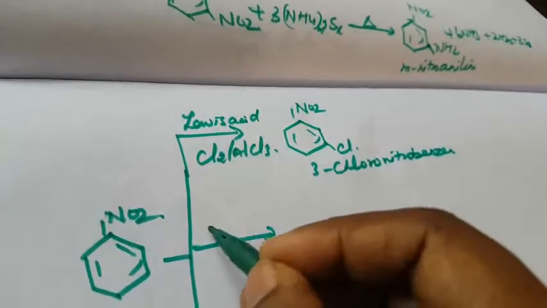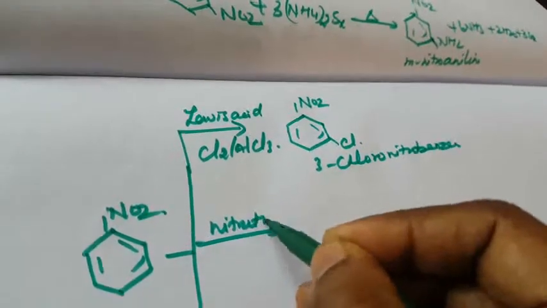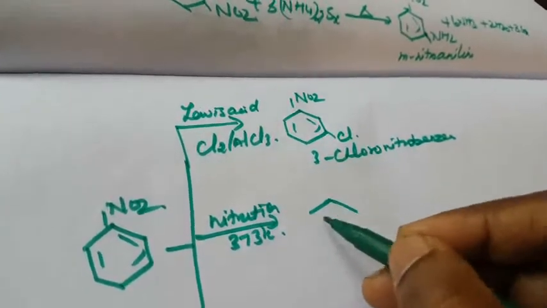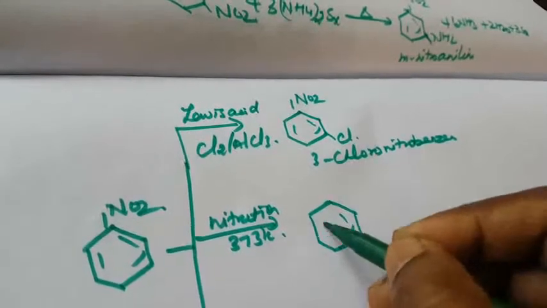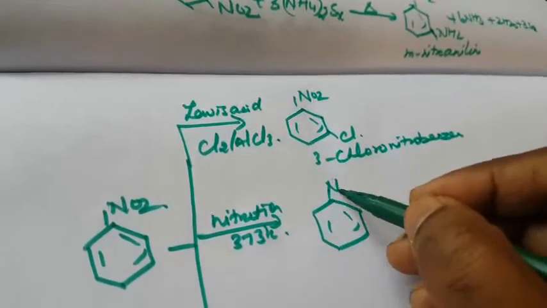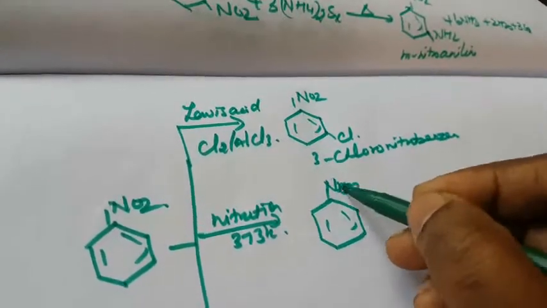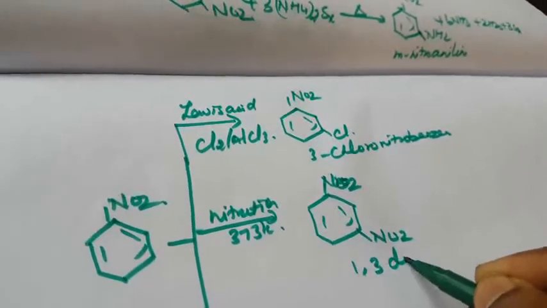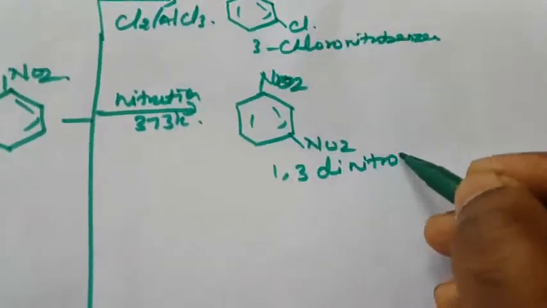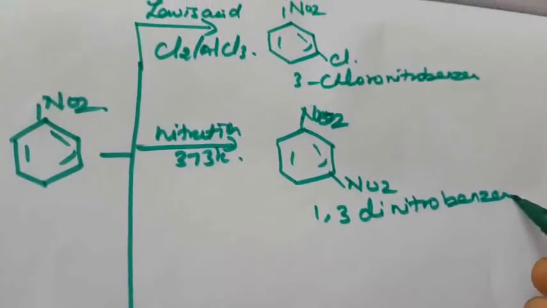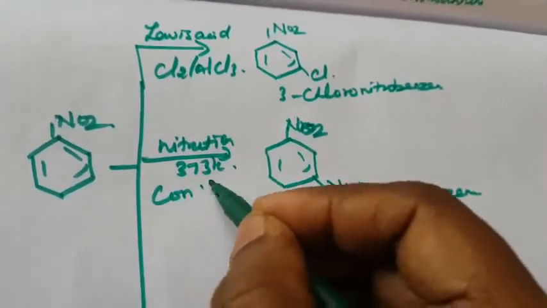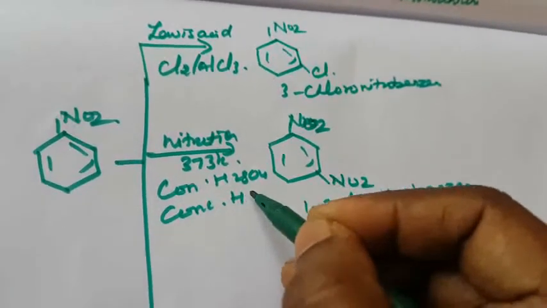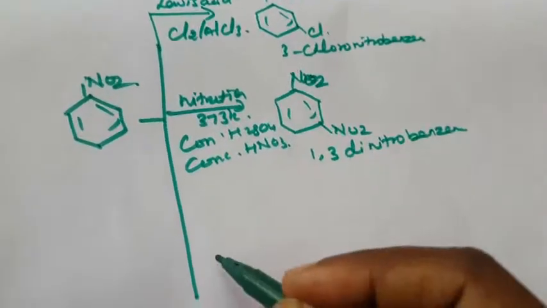Then again nitration at 373 Kelvin. What is meant by nitration? Reaction with concentrated sulfuric acid and concentrated nitric acid, HNO3, giving NO2 here and NO2 here, 1,3-dinitrobenzene.